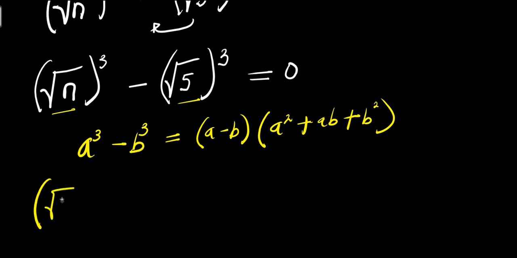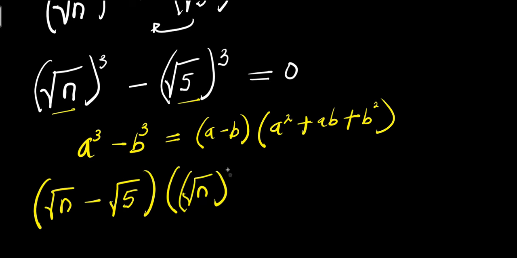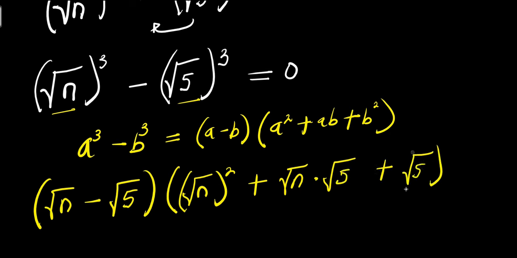So I have square root of n minus square root of 5 times square root of n to the power 2 plus square root of n times square root of 5 plus square root of 5 to the power 2, and this equals 0.